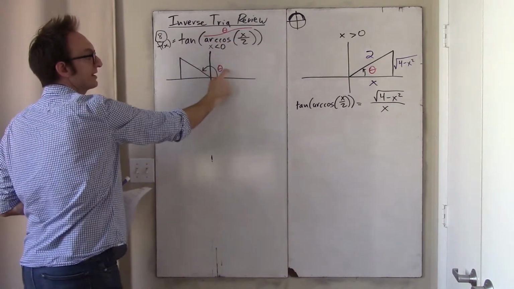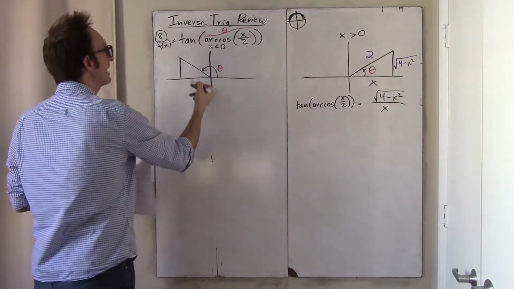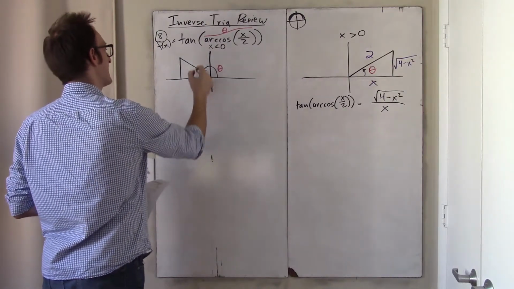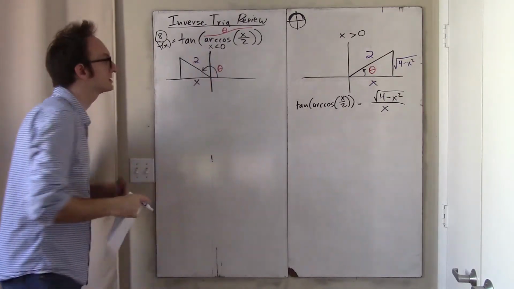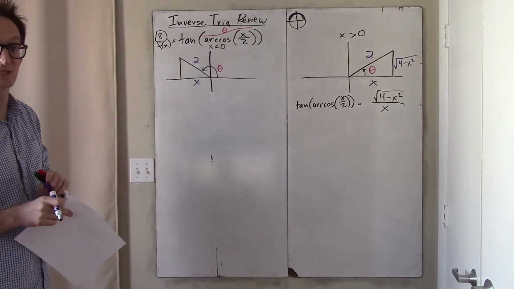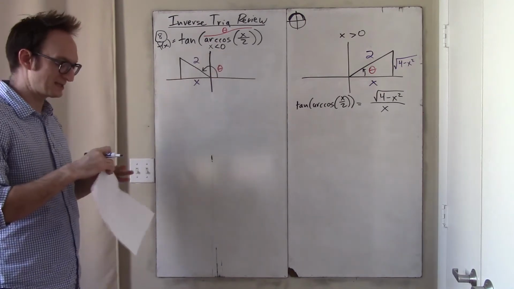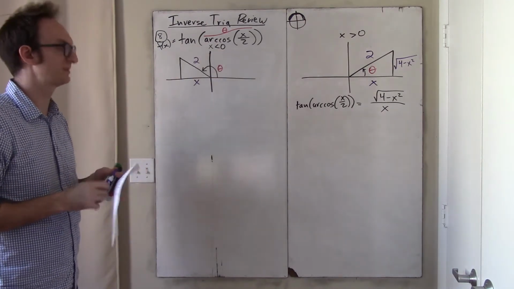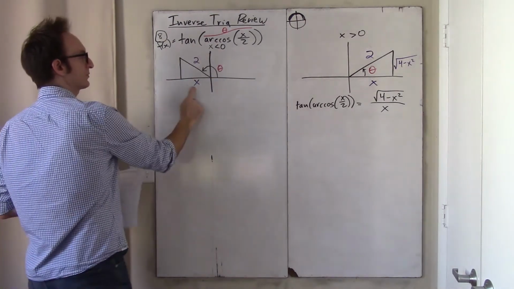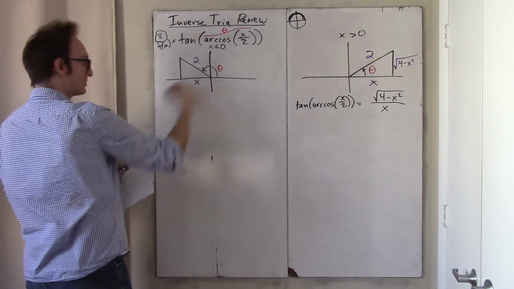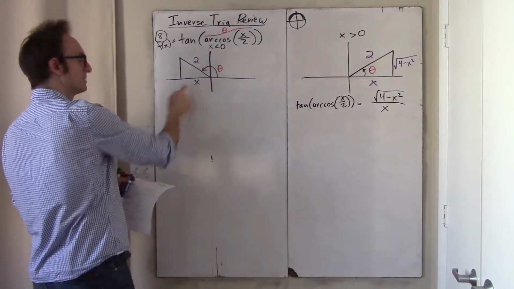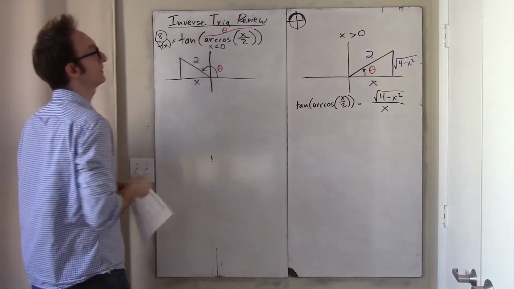So if the cosine of this angle has to be x over 2, then again, the simplest way to do this is put the x here and put the 2 here. And this picture is making sense because we are in the case where x is negative, and since x is negative, that's why we're in the second quadrant.